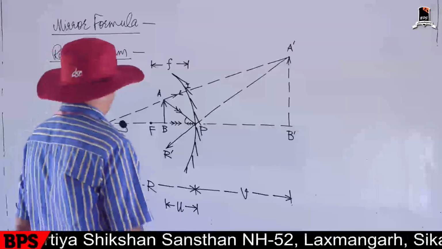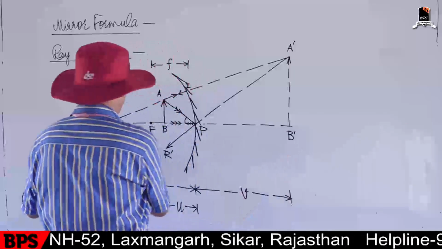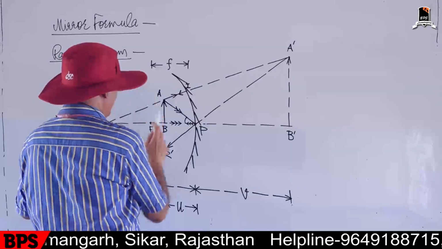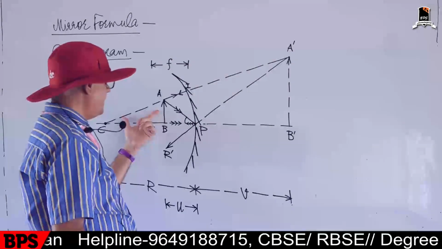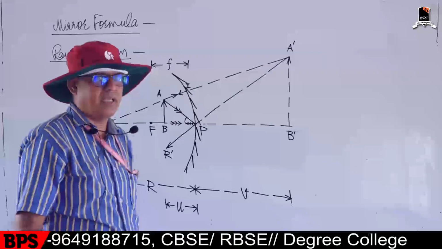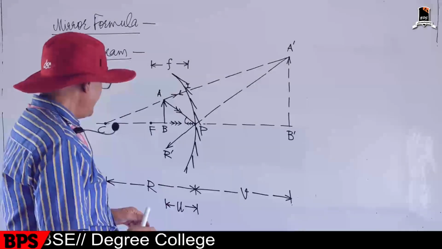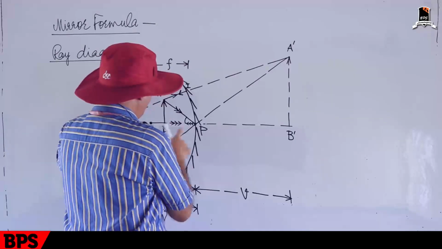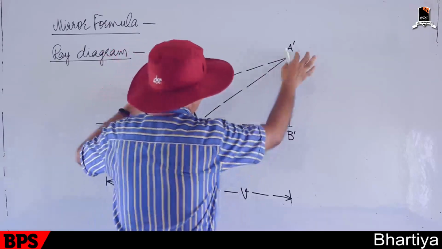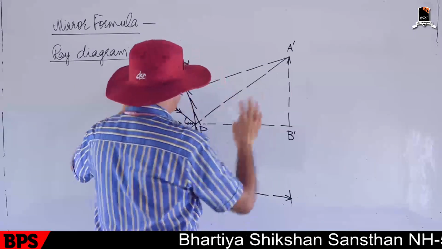Take this larger triangle, A dash B dash C, and A B C. Since this smaller triangle is inside the larger triangle, these two triangles are similar. Take these two triangles, one triangle is ABP and another triangle is A dash B dash P. These two triangles are similar.